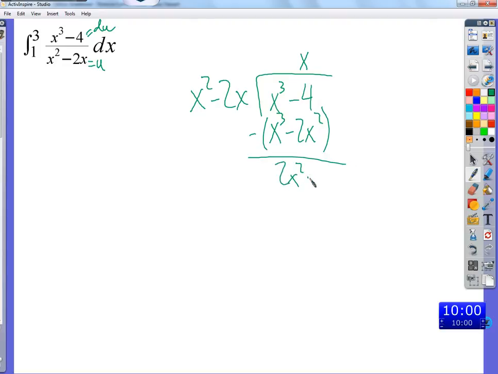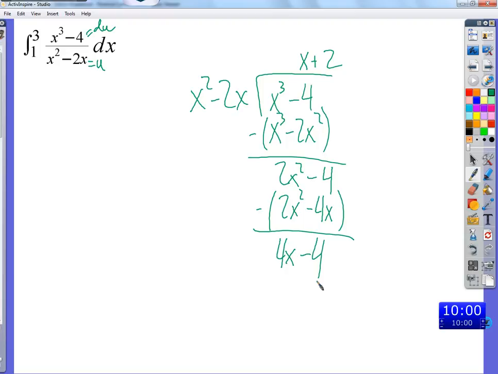Multiply by 2. 2x squared minus 4x. Get that down here. That gives us 4x minus 4. We can't do anything with that, so it's the remainder.